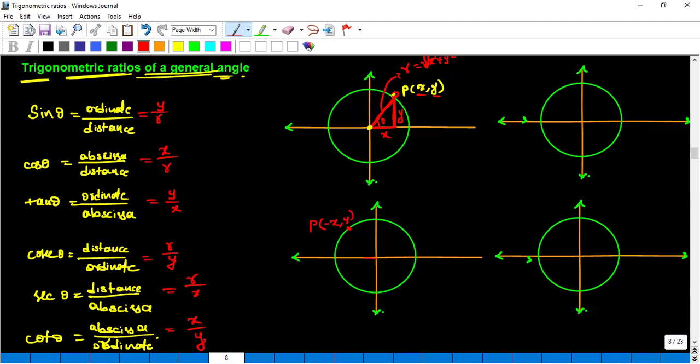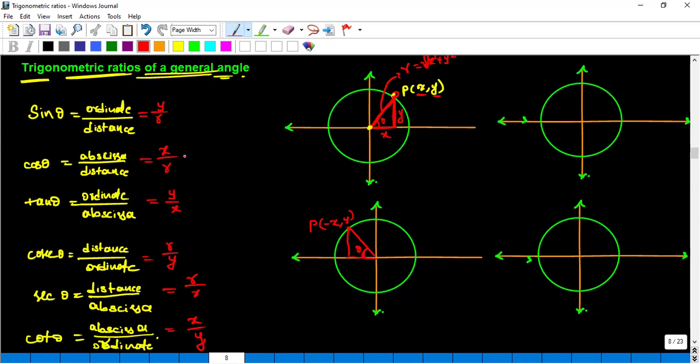You are going to the negative side of the x-axis. Again, do the same thing. This is theta. Obviously, this is theta. Then signs will change. You need to be careful here. Wherever x is involved, abscissa is involved, all those will take negative values.